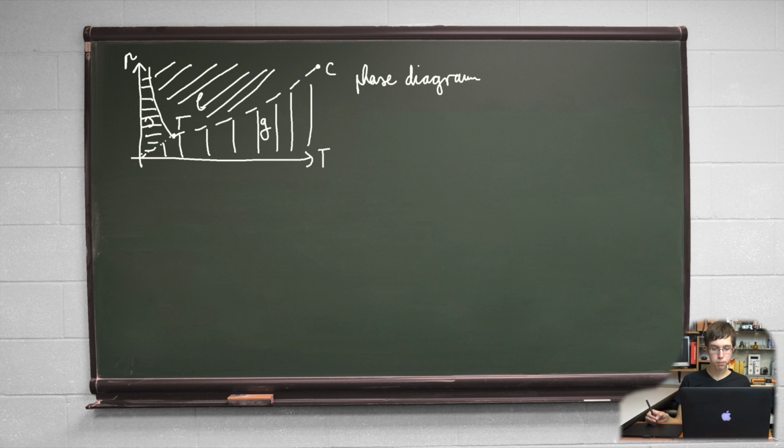What is interesting about this very phase diagram is that the melting point line, this one here, between solid and liquid, melting or freezing point line, has the shape of a decreasing function.